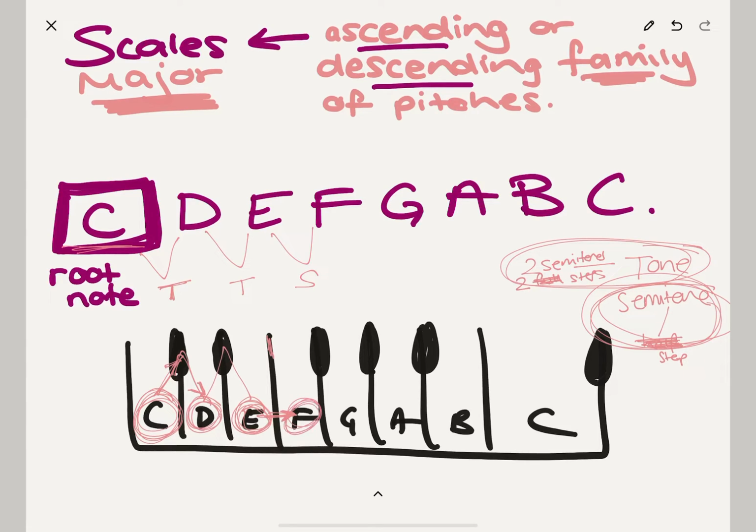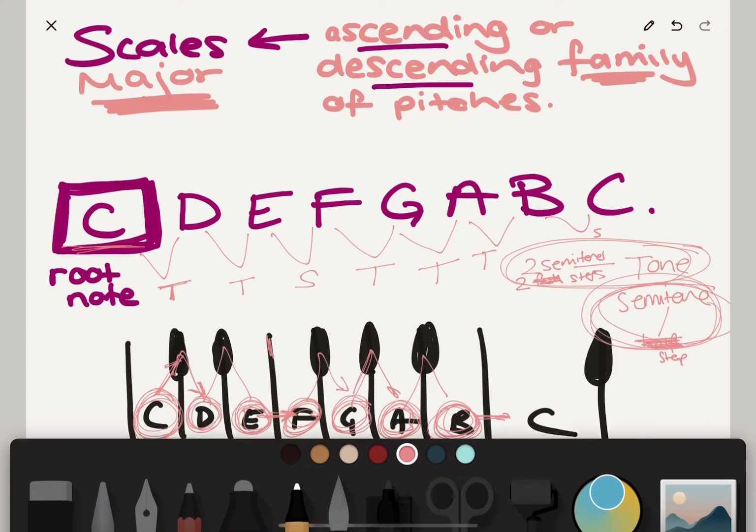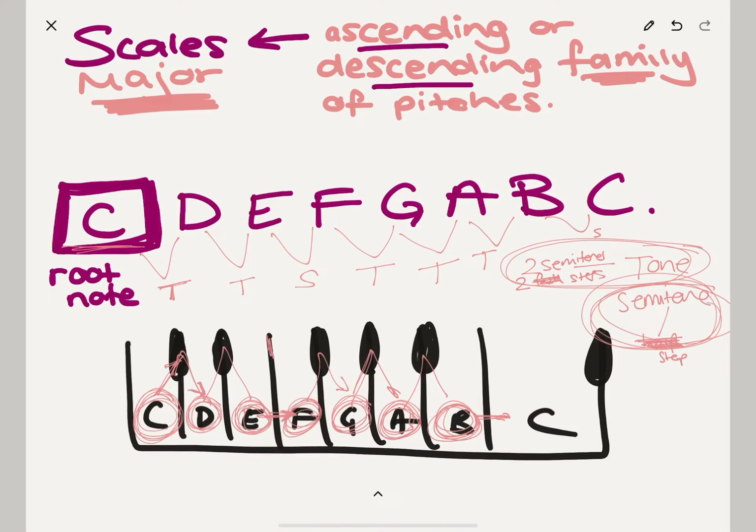From F to G, you've got two, so it's a tone. From G to A, you've got two steps, one up here, one down here. It's a tone. A to B, you've got two steps again. And then from B to C, you've got one step. It's a semitone.